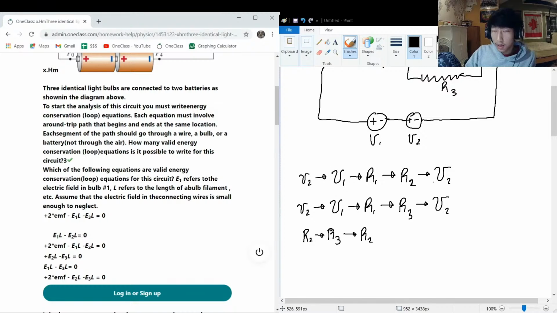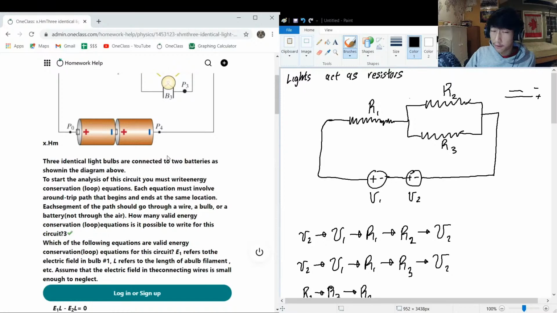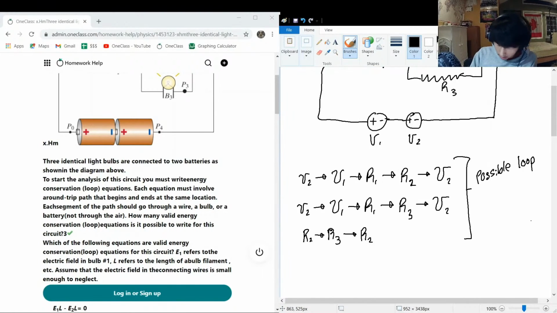So these would be some of our loops. We could also possibly do another loop if we were to compress all of these resistors into a single resistor, but since I have a feeling this question is trying to have us keep the original circuit, these would be our possible loops.